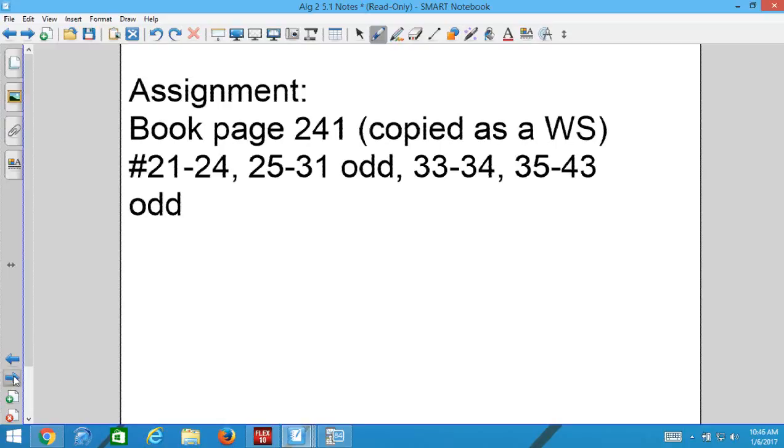21 to 31. 33 to 34, 35 to 43 odd. Anytime you get started, get started.